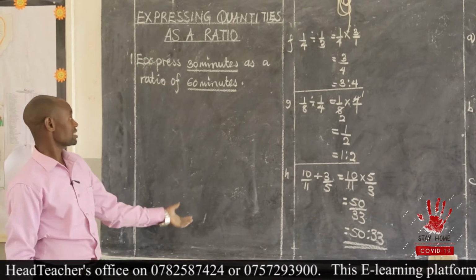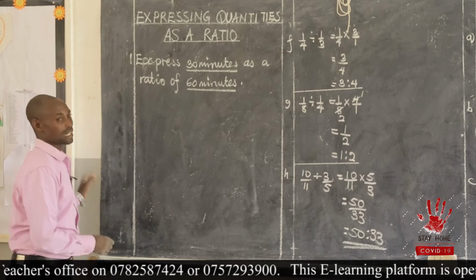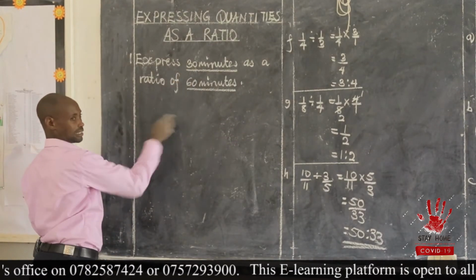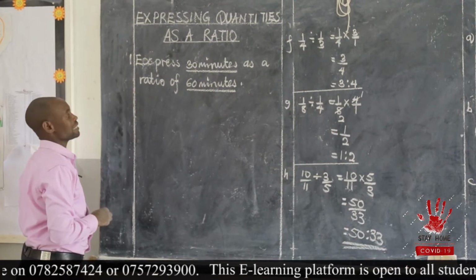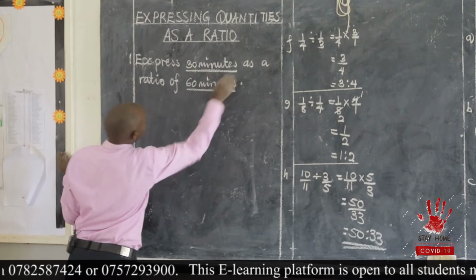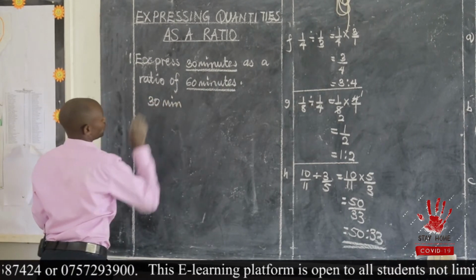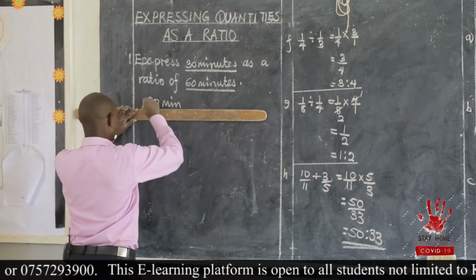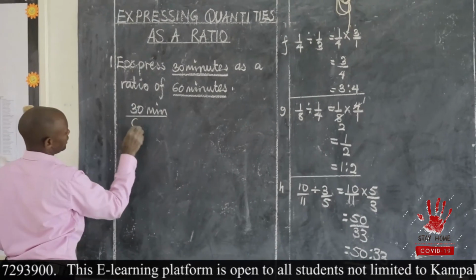Yes. Which units do we have? Minutes, minutes. Then now things become very easy. So we shall have to write this one as a fraction. Identify what you are expressing. What are you expressing? You are expressing 30. So we have 30 minutes. And you are expressing it as a fraction of how many minutes? 60 minutes.